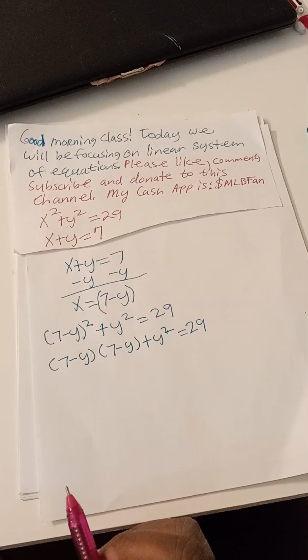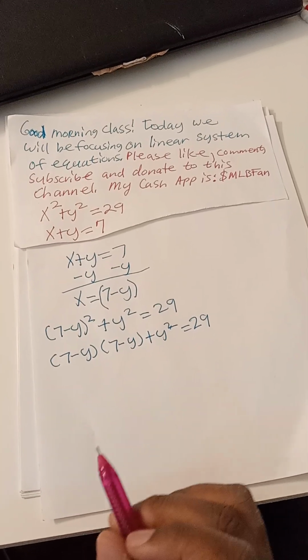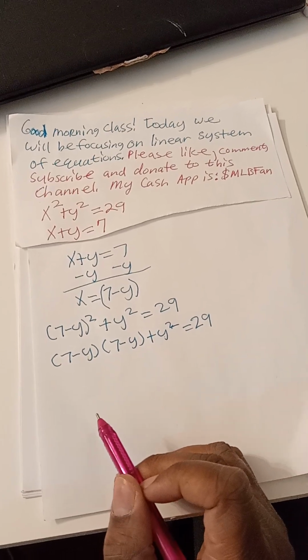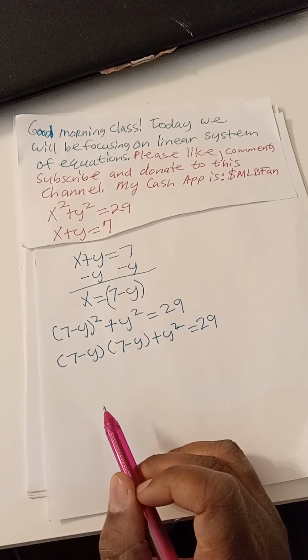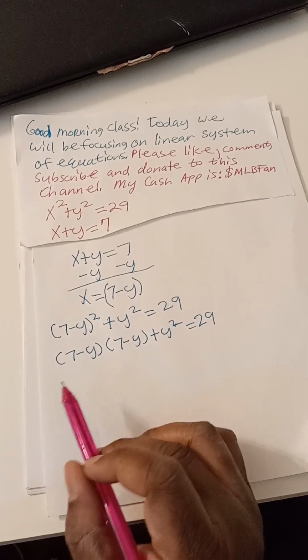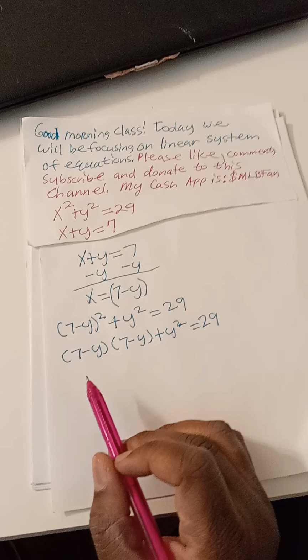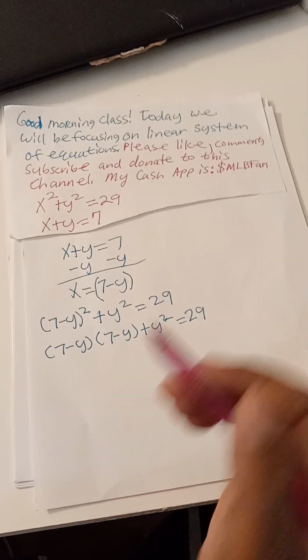Now we need to multiply both binomials, 7 minus y times 7 minus y. Binomials are considered two terms: 7 is a term and minus y is a term, so that's what makes it a binomial.